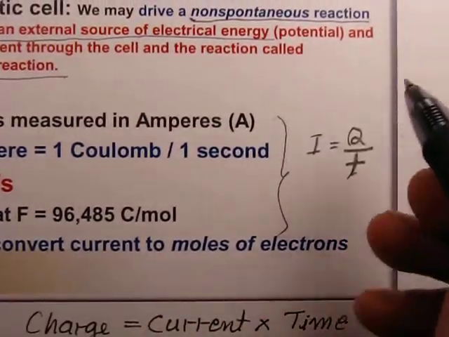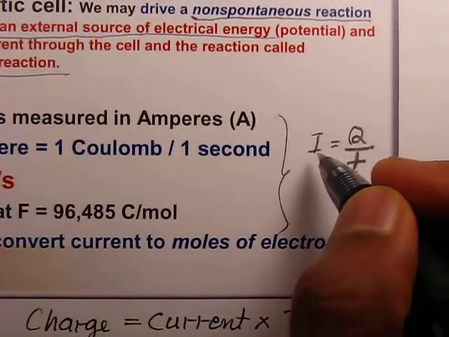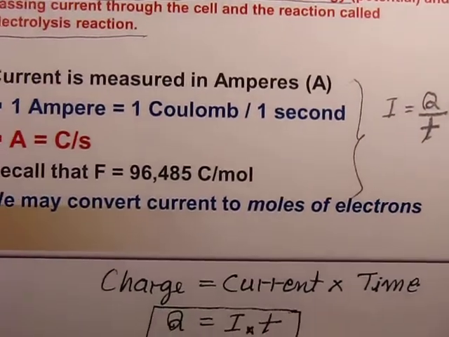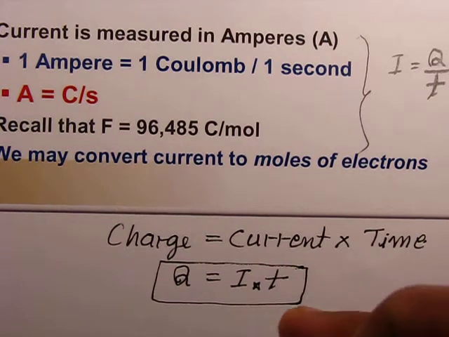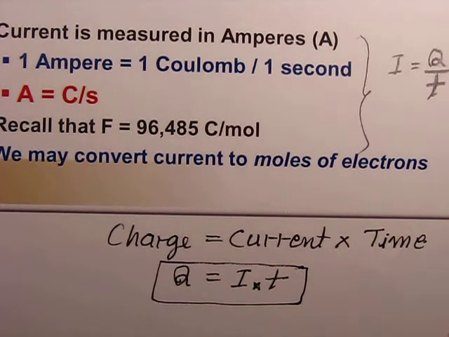And this formula is very important: Q is equal to IT, or I equal to Q over T. So charge is equal to current multiplied by time.